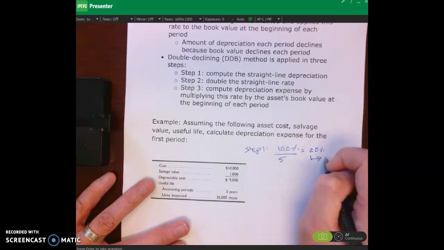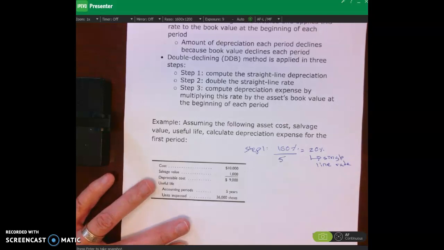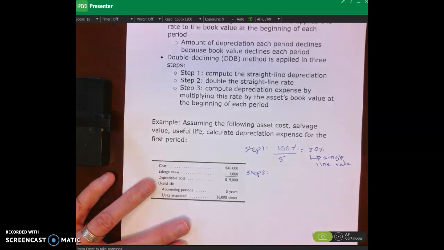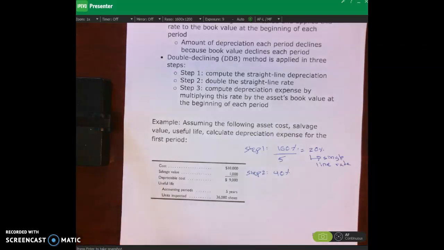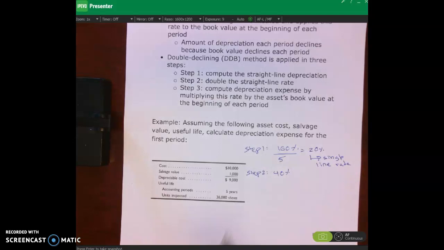This is the single line rate. Step 2 is I double that. Well, what's 2 times 20? 40%. So step 1, just take 100 divided by the useful life. Step 2, double that, and then that's your double rate.